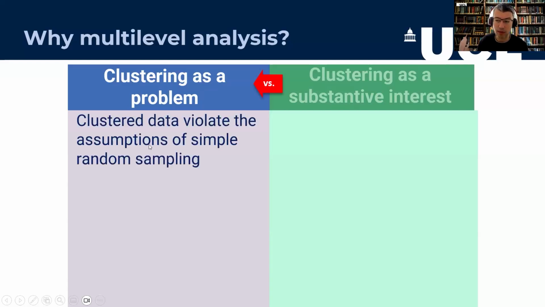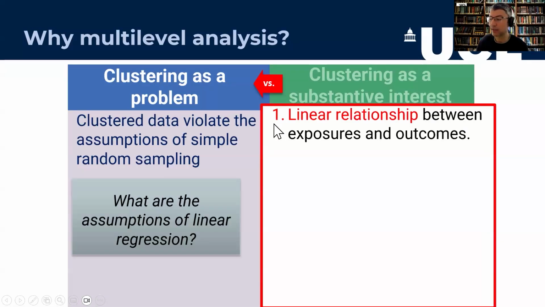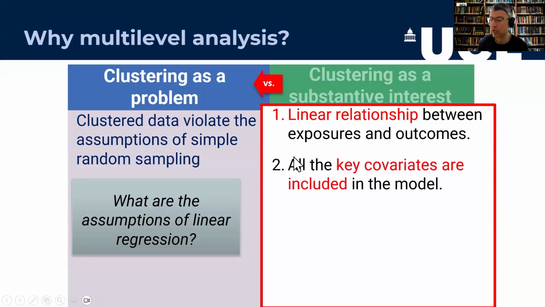So if you remember, or you might not remember, but if that's the case, then let's refresh the assumptions of a simple linear regression modeling. One of the assumptions of linear regression modeling is that there has to be a linear relationship between the exposure and the outcome.